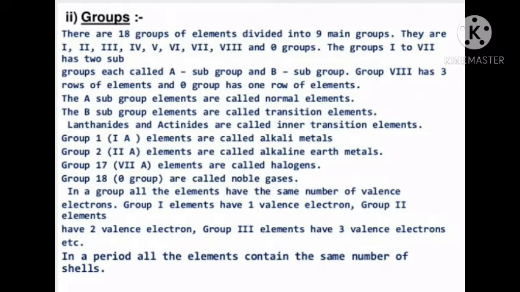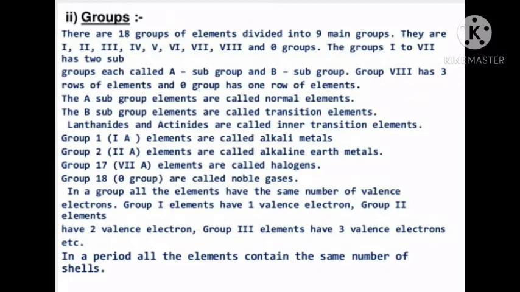Group 8 has 3 rows of elements and the 0 group has 1 row of elements. The A subgroup elements are called normal elements. B subgroup elements are called transition elements. Lanthanides and actinides are called inner transition elements.